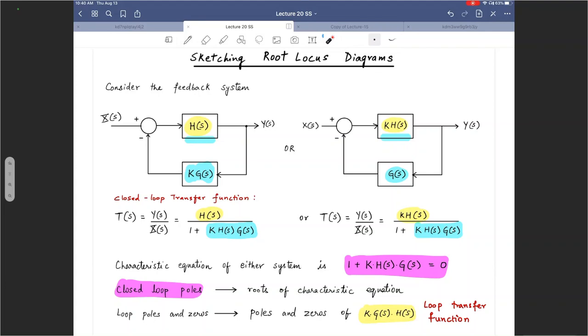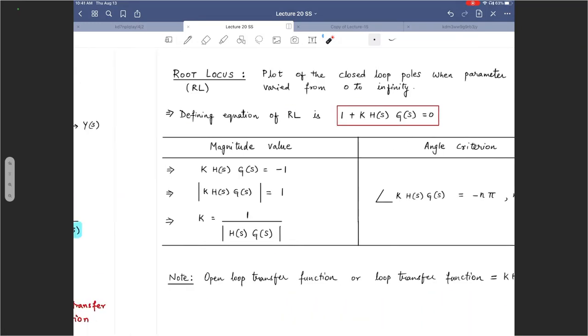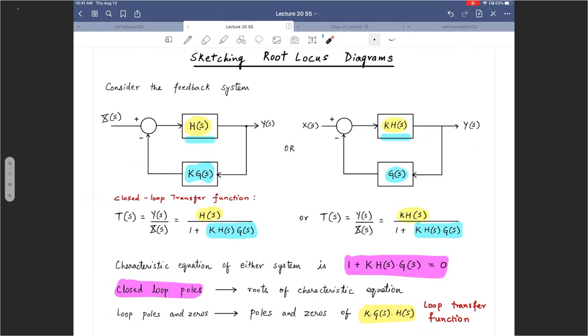But what is the difference between loop transfer function and open loop transfer function? Now, the difference is this. The difference is, where are you taking the output? If you are taking the output by cutting off the link over here, then you have the open loop transfer function simply as k h of s.